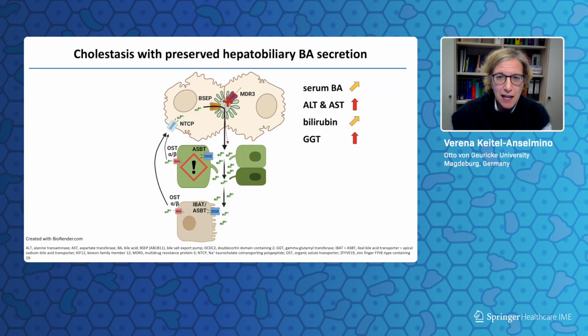There may still be elevation of ALT, AST, and also serum bile acids because the canalicular membrane here between those two hepatocytes is also affected by this bile. So we have to distinguish these two types, and the prototype of this cholangiopathy, like intrahepatic cholestasis, is the ABCB4 or MDR3 disease, but there's other genes that lead to a very similar picture.